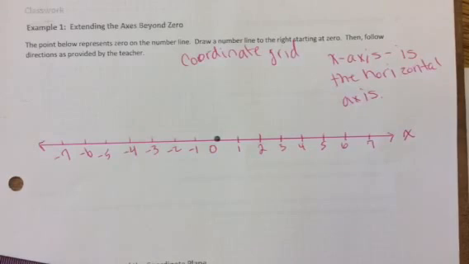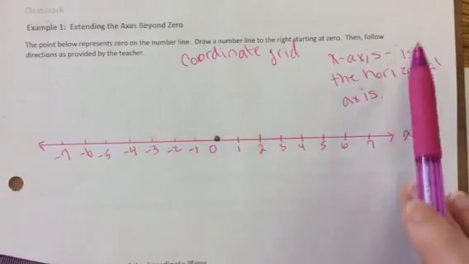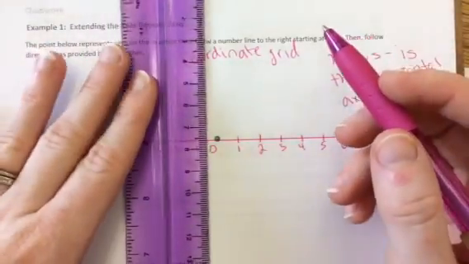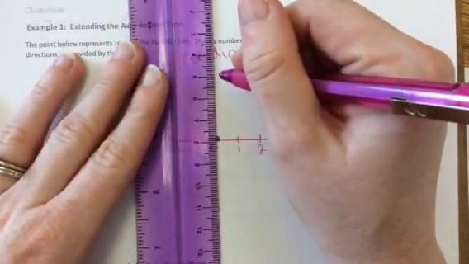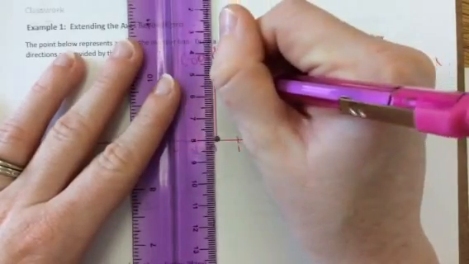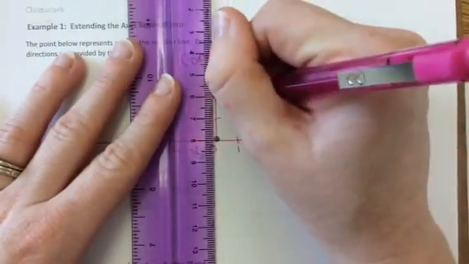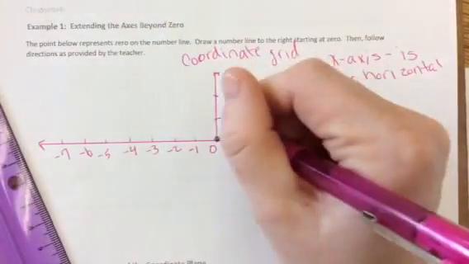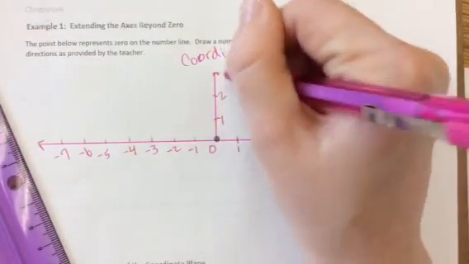Okay, so to make a coordinate grid, you need both the x-axis and, can you guess what the vertical axis would be? It would be the y-axis. What kind of numbers are always above 0? Positive numbers. We're going to use the same scale of 1. First integer above 0 is 1, then 2, 3.